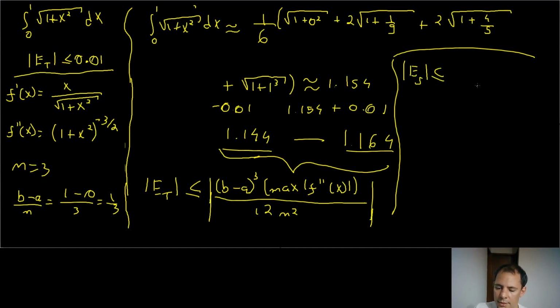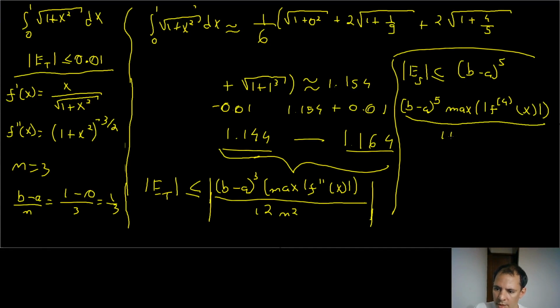It's going to be less than (b minus a) to the fifth times the maximum absolute value of the fourth derivative of f of x within that domain, okay? All of this divided by 180n to the fourth. These are the formulas.